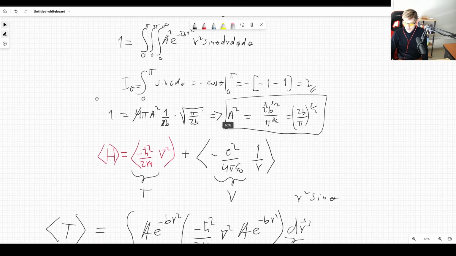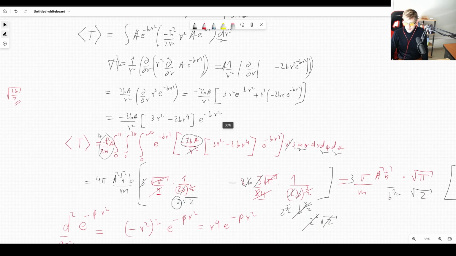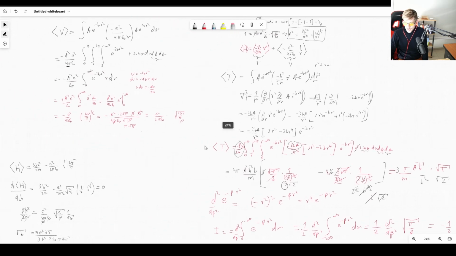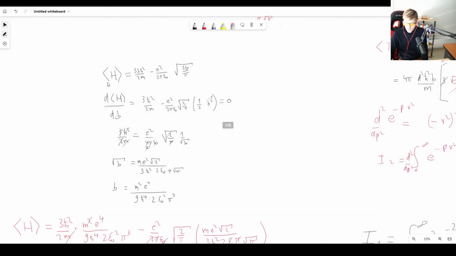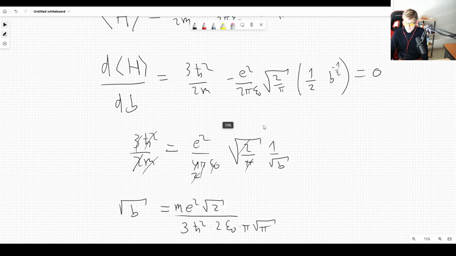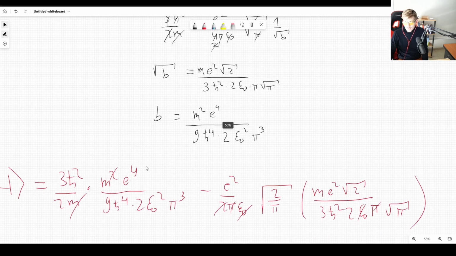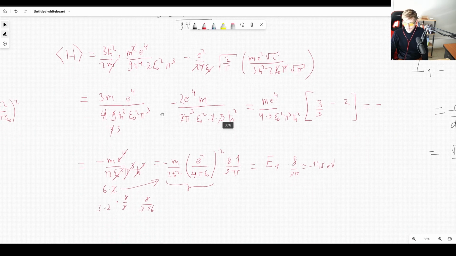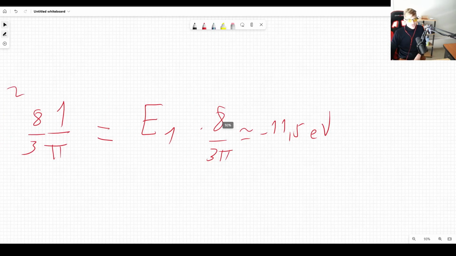And we did that, right? We found the expectation value of the kinetic part, which was a bit longer. And then we went for the expectation value of the potential, which was actually quite fast. Then we plugged it in, took the derivative with respect to b, set it equal to 0, found b, plug it back in to find the minimized value of the energy, which is this, right? We then had to simplify it a little bit. And that's it. So I hope this was useful.